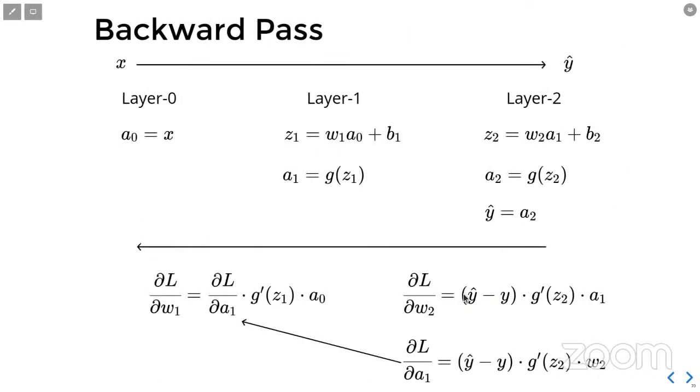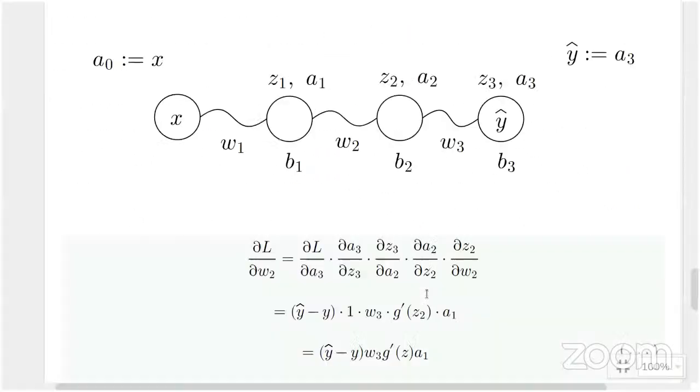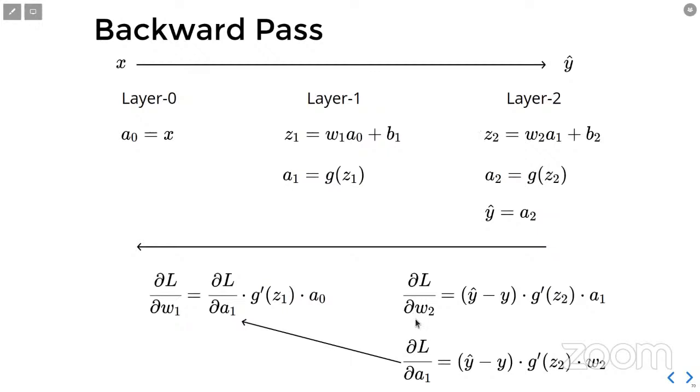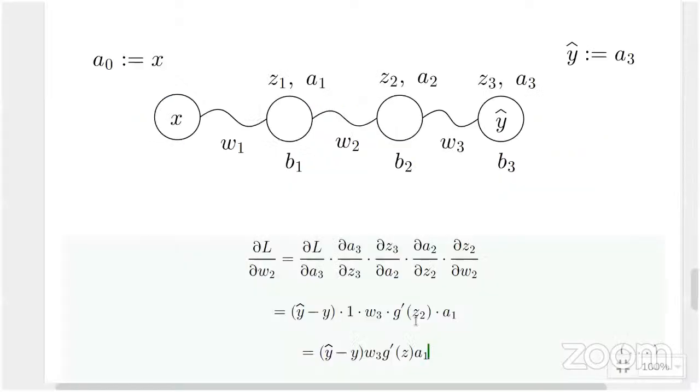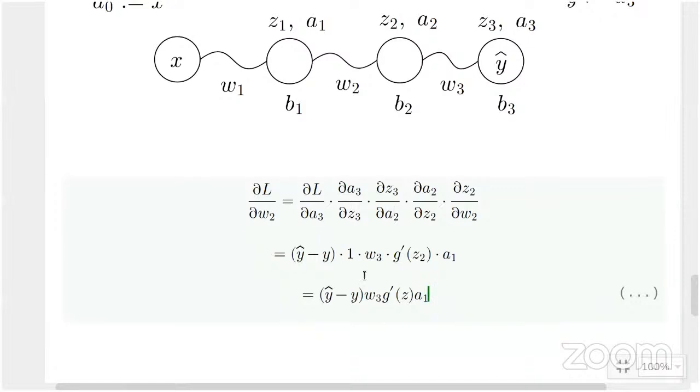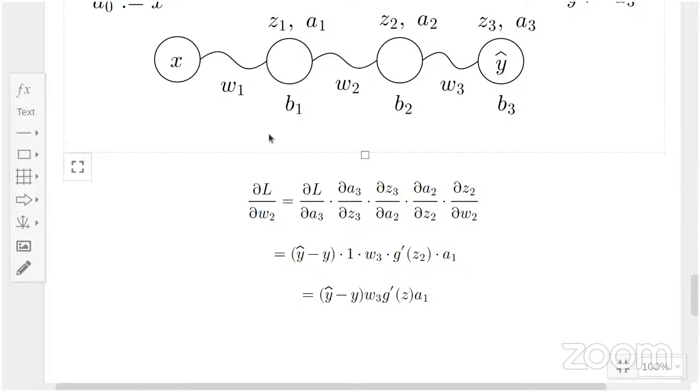See, in all this, the backpropagation should not get lost. Maybe it would have been better if we had taken up a two-layer example itself, but it's okay. Was this part clear, how we compute ∂L by ∂W2? Yes, clear, sir.